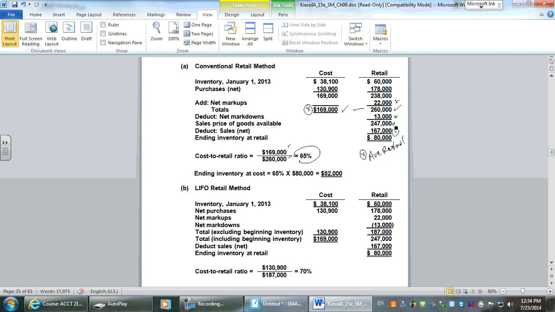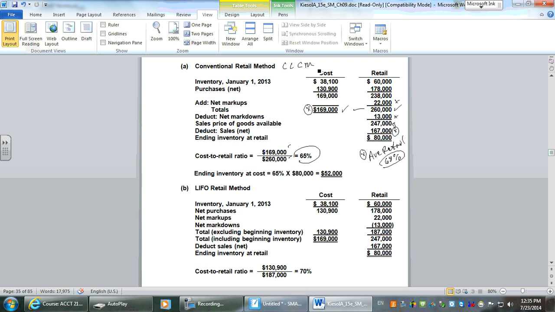Yeah, 247 divided into 169, we said it was 68%. Okay. So what would happen to my ending inventory then, obviously? What is it if I'm using conventional retail? By the way, what's another name for conventional retail, guys? Lower of cost or market, yeah. So if we call it lower of cost or market, you know what it is, right? It's conventional. Okay, same thing.